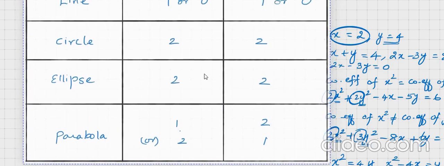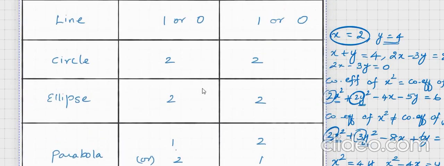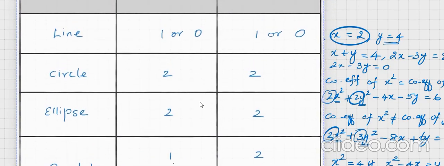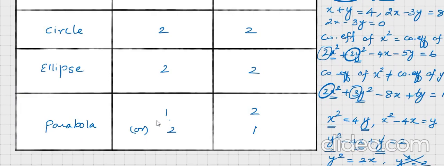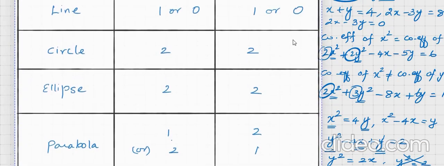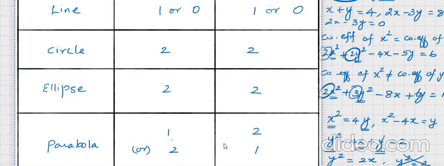They may be different. Okay. Now the next one, for a parabola. For a parabola, what is the case? If the degree of x is 1, the degree of y will be 2. If the degree of x is 2, the degree of y will be 1. This is the case for a parabola.